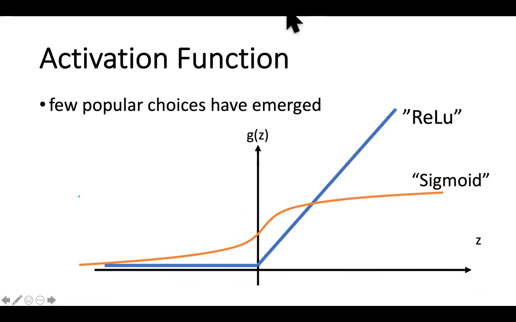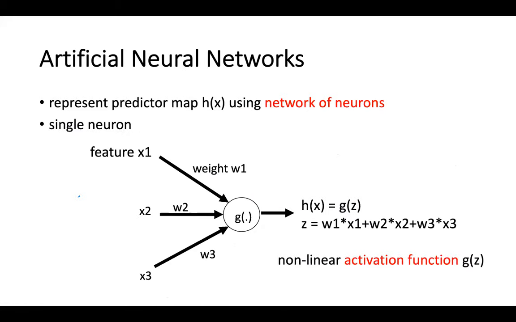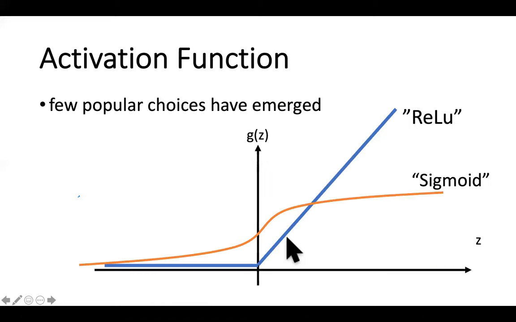One popular choice is the rectified linear unit, which is shown here. Another choice is the sigmoid activation function. But you could also use, in principle, a linear function, or just use the weighted combination as the activation function.